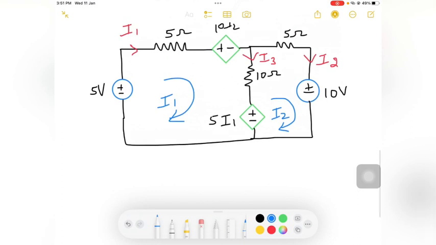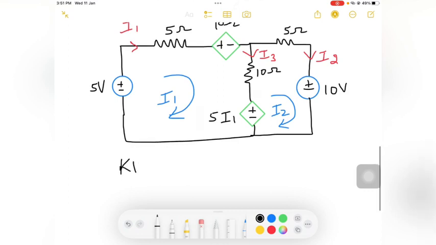Let us see how to apply KVL. So let us apply KVL for the loops. Let us give the node names to avoid confusion.